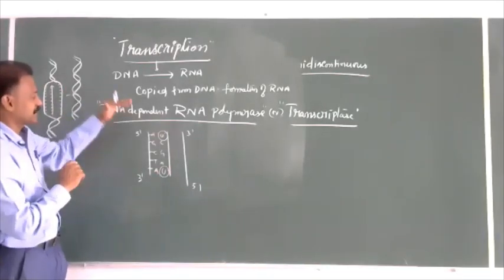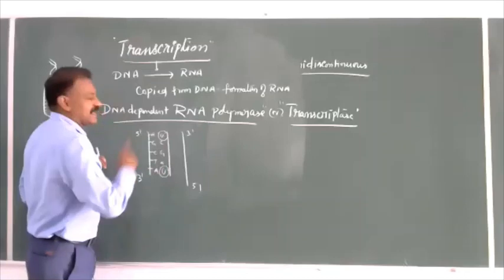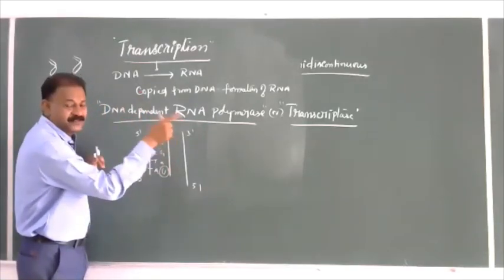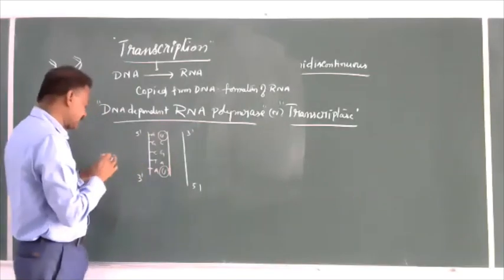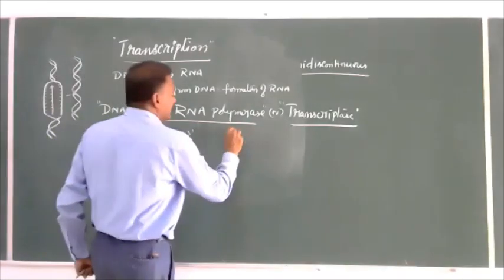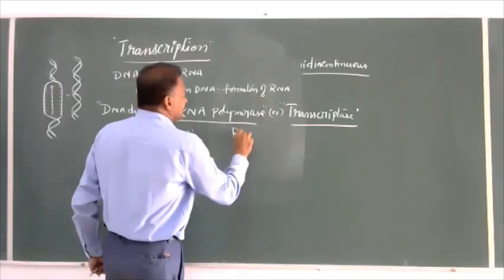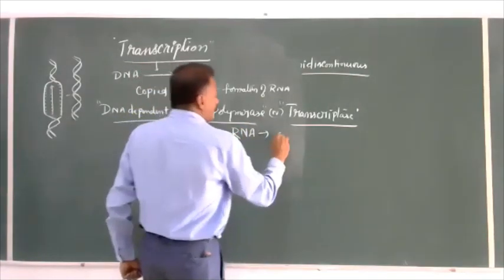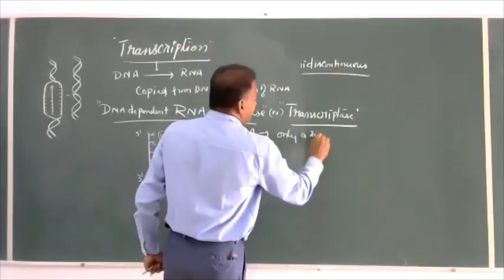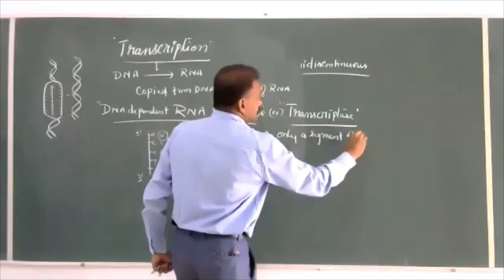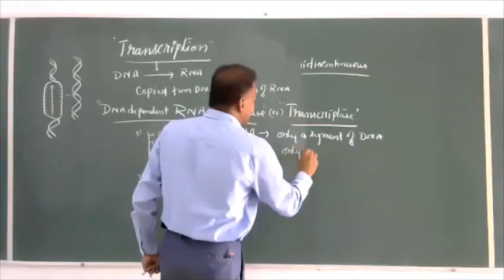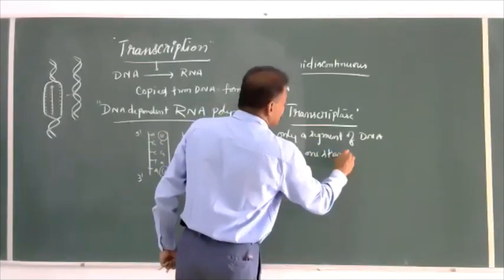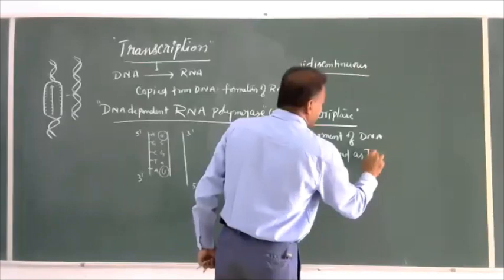So transcription is a process in which, out of the total DNA molecule, a segment or region of DNA opens, and out of the two strands, only one strand acts as template. In DNA replication, there are two templates. In RNA synthesis, transcription, only a segment of DNA, and second, only one strand as template.